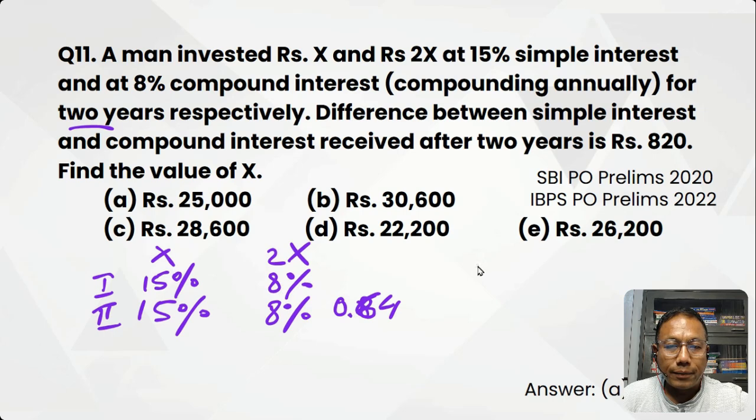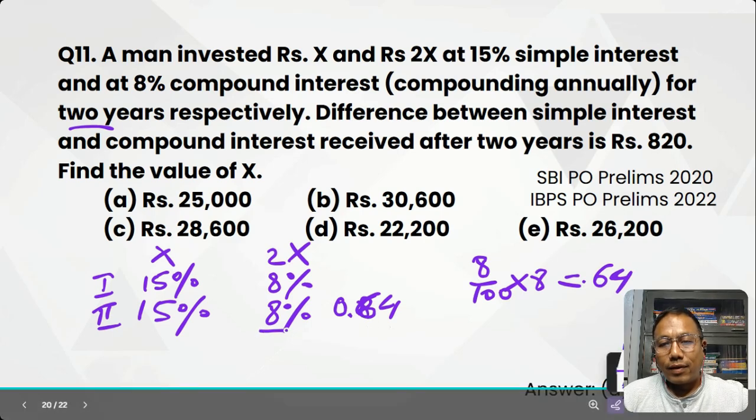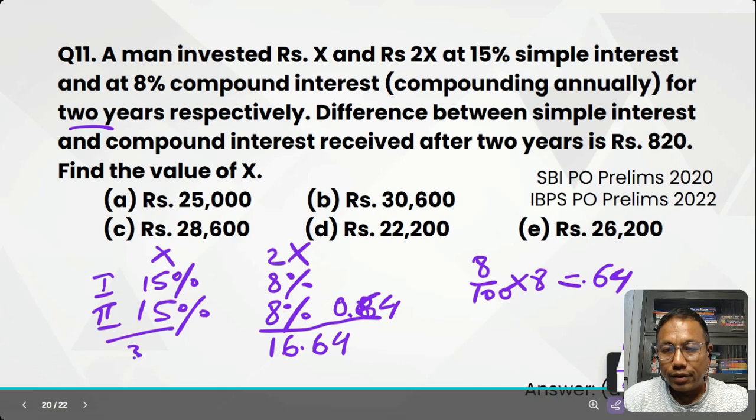How do I get it? 8% of 8, 8 eights are 64, divided by 100 is 0.64. Here compound interest is 8 plus 8 plus 0.64, that is 16.64. Here simple interest is 15 plus 15, 30.